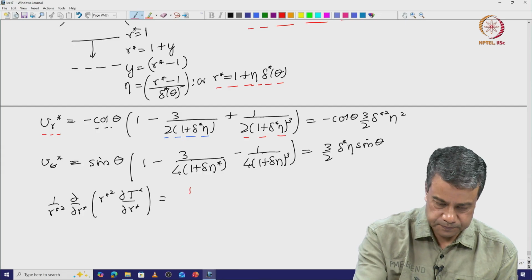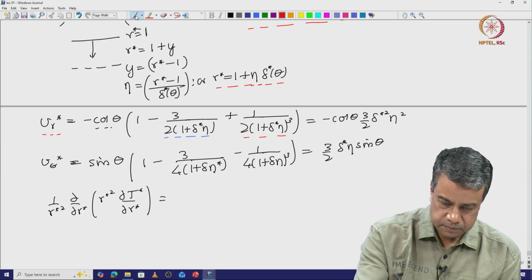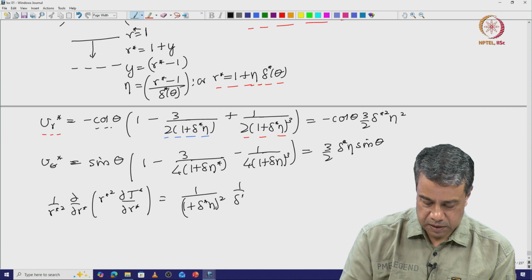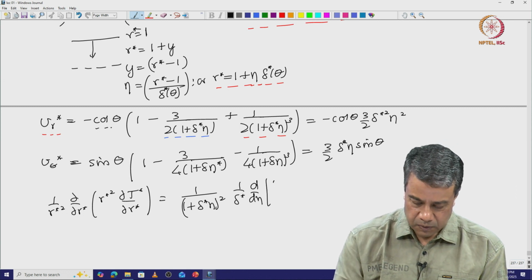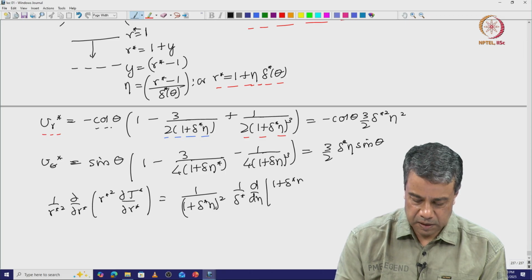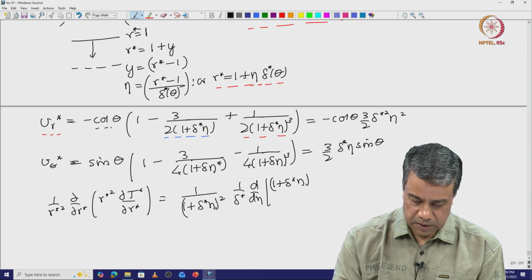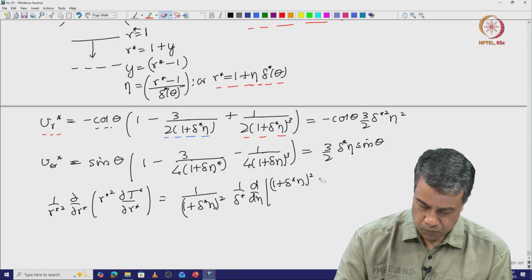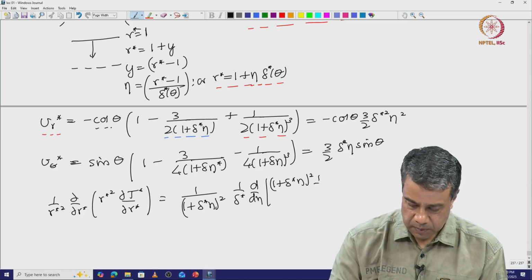1 by 1 plus delta star eta the whole square, 1 over delta star d by d eta of 1 plus delta star eta the whole square, times 1 by delta dt star by d eta.